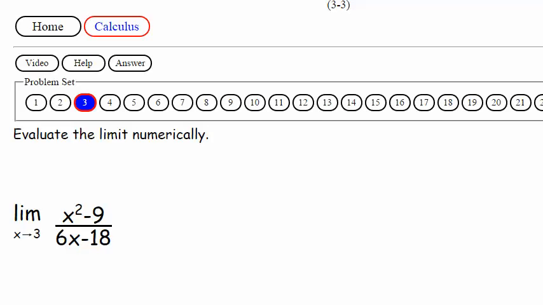Let's move over to the whiteboard, and there it is. And we'll rewrite that limit as x approaches 3 of x squared minus 9, I believe it was, over 6x minus 18.